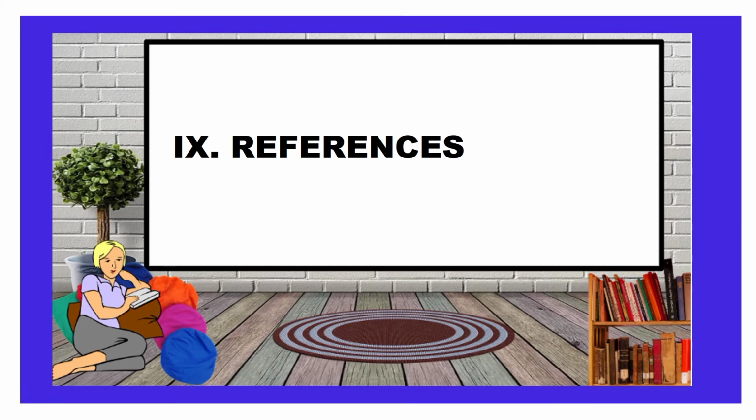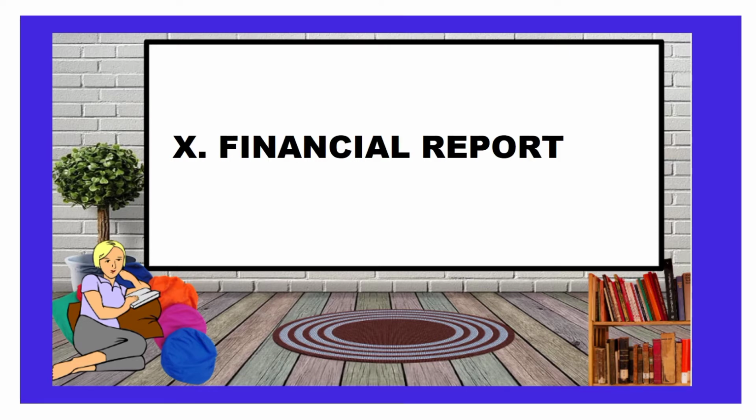Kokopyahin nyo na lang. And Roman numeral 10 is the financial report. So, along with this is the liquidation report supported by the required attachments for accounting and audit purposes. And for this completed research, I am the writer and at the same time statistician for this paper.